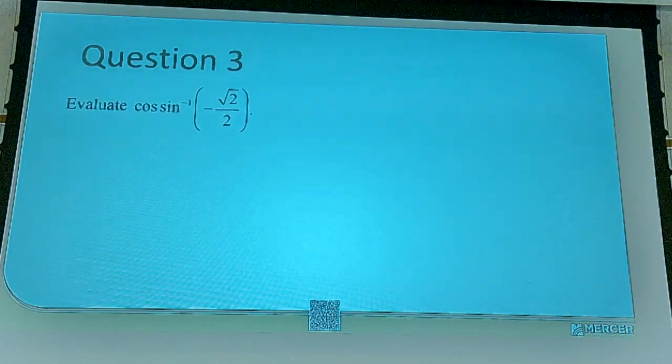You can make it easier. The range is quadrants 1 and 4, right? Of those 2 quadrants, which one is sine negative in? 4. So you've now just cut your work in half. You're looking for a value between negative pi over 2 and 0.